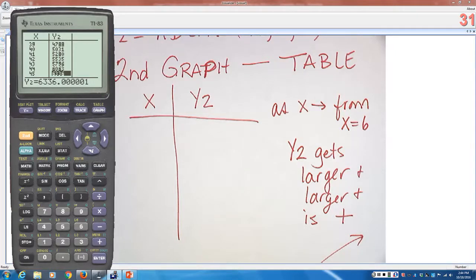Okay? So let's scroll backwards a little bit. To do that, I'll have to go back over to my x's. And notice what happens between 1 and 2. At 2 it is 15, the derivative is positive.